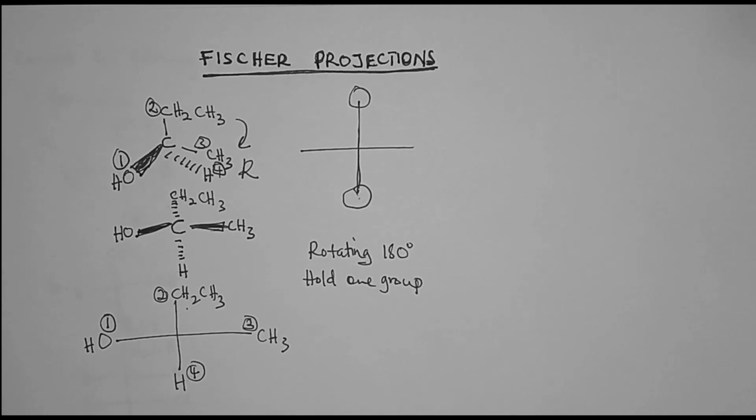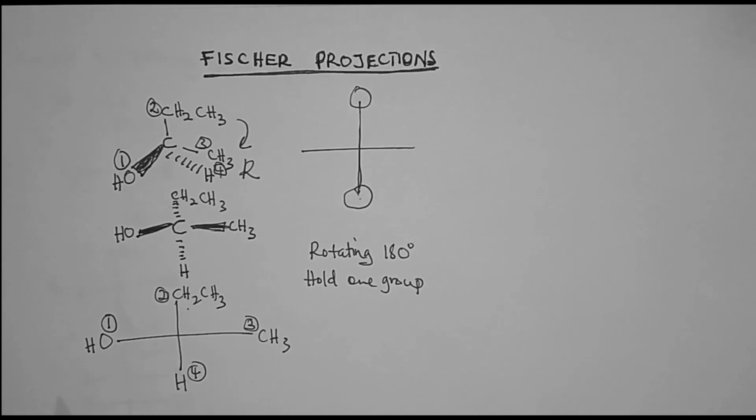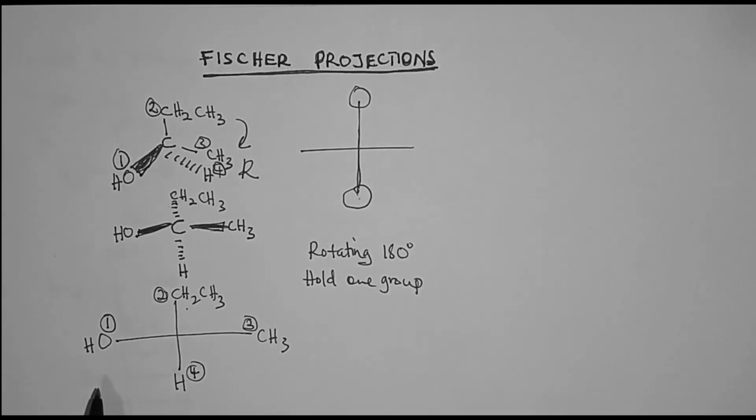So what is the configuration here? One most important thing is that in Fischer projections, the least priority group must always be on top. In this case, we can see that the least group, this proton, is not on top of the vertical line, it is rather down.